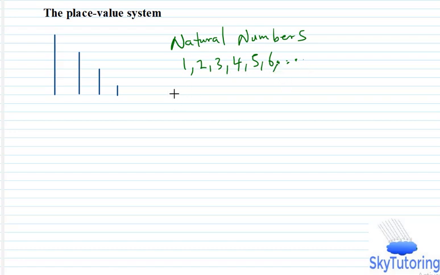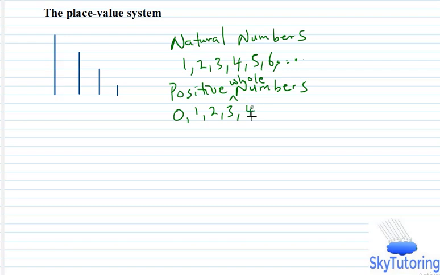Now, when we talk about whole numbers, they could be positive or negative. Positive whole numbers include numbers from 0, 1, 2, 3, 4, 5, and so on and so forth.